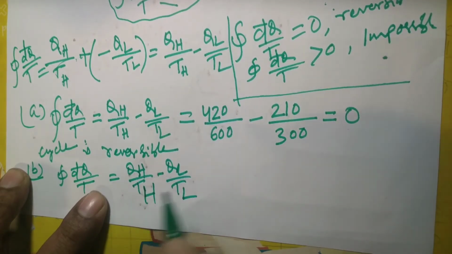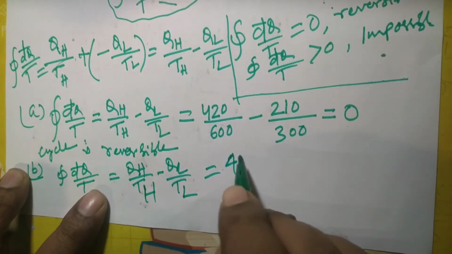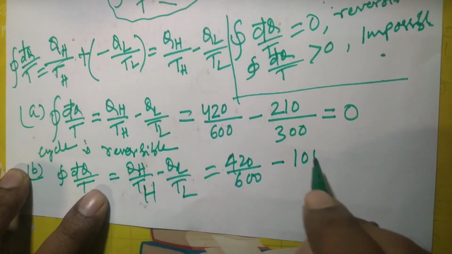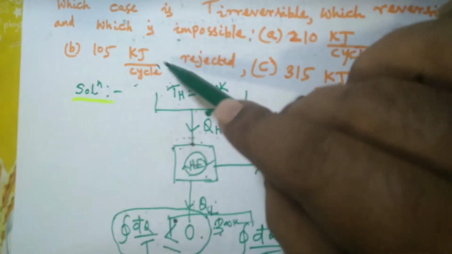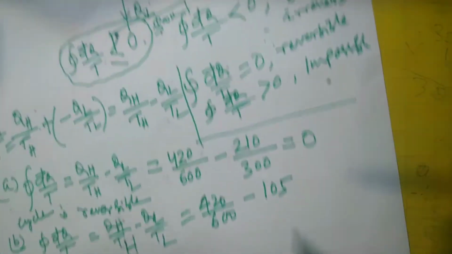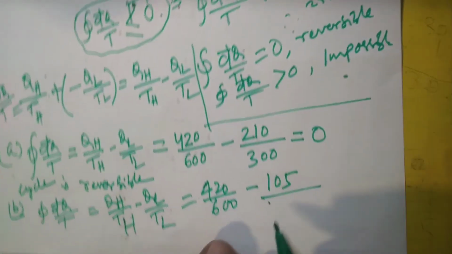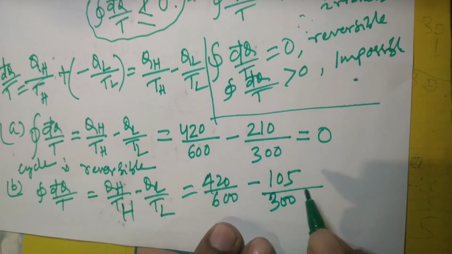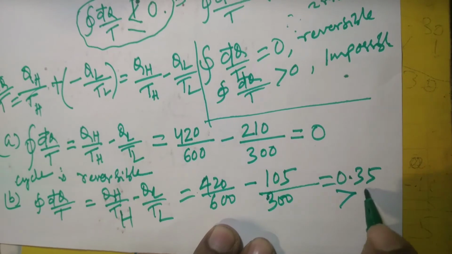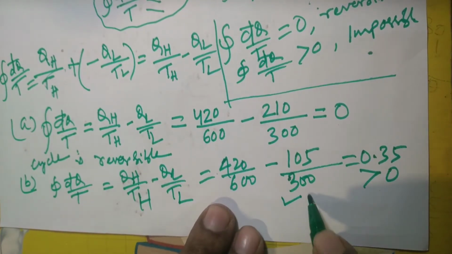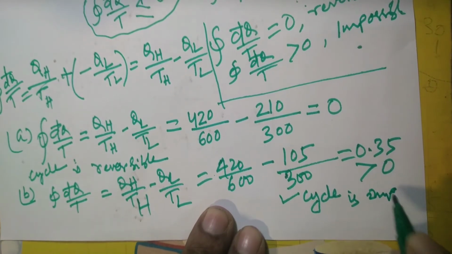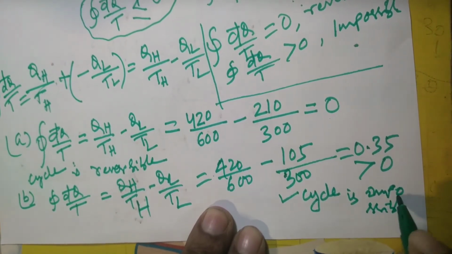This is equal to 420 by 600 minus 105 divided by 300, where 105 kilojoule per cycle is rejected in case B. This is equal to 0.35. This is greater than 0. So this cycle is impossible.